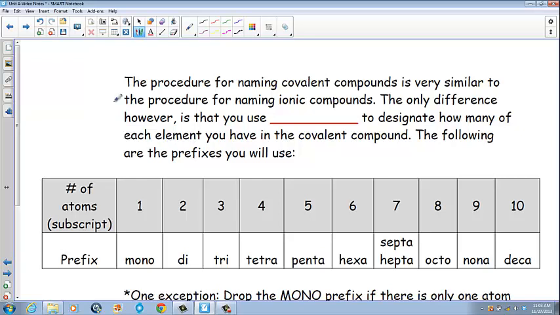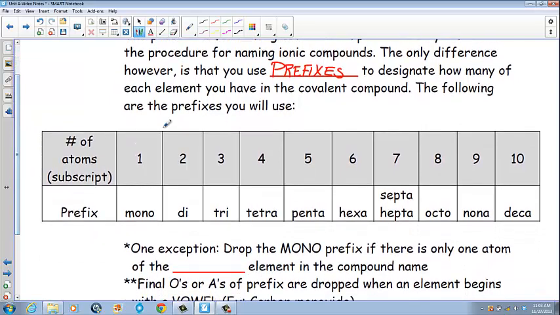The only difference, however, is that you use prefixes to designate how many of each element you have in the covalent compound. I prefer naming covalent compounds over ionic compounds. These are actually a lot easier once you memorize all the prefixes.